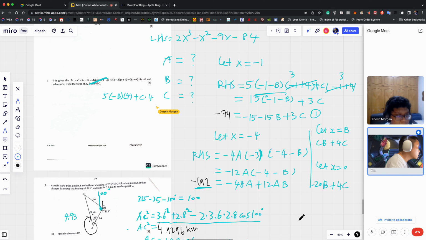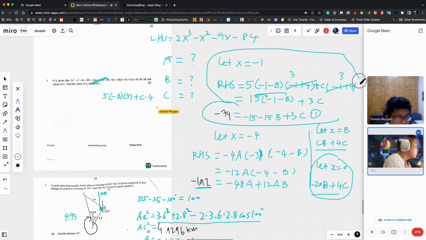I think by doing this, or maybe by just having this and this one, you can get the B and C already. Does it make sense? Okay. So once you get B and C, you can quickly get your A here.